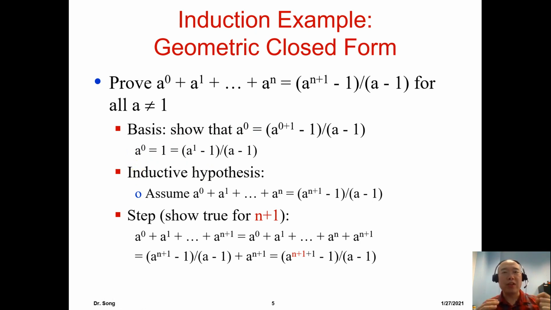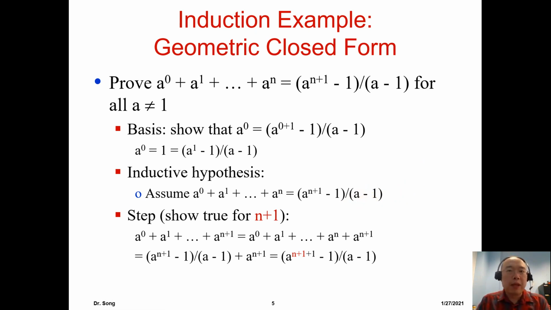Remember, this is the part we don't want to prove. We just say we assume that it is true for n. So the sum from a to 0, a to 1, up to a to n is a to n plus 1 minus 1, divided by a minus 1. So we assume this is true.